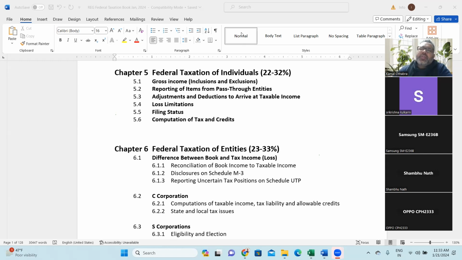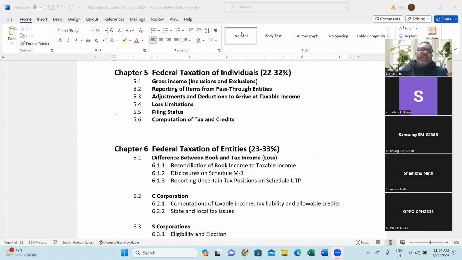That includes your salary income, wages income, rental income, capital gain income, interest income, dividend income. Any such things will come under the single performer. Next week, I'll be walking you through Form 1040, which is the income tax return filing form for individuals. There, I'll show you line by line what will come under the respective categories of income, exclusions, deductions, credits, and everything.